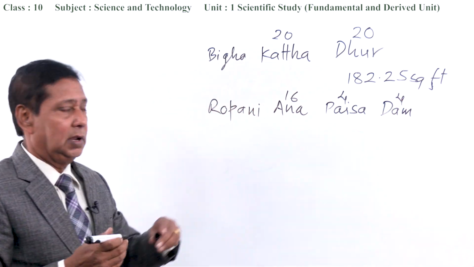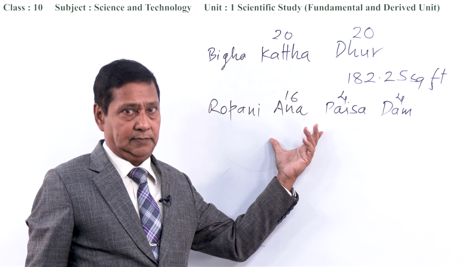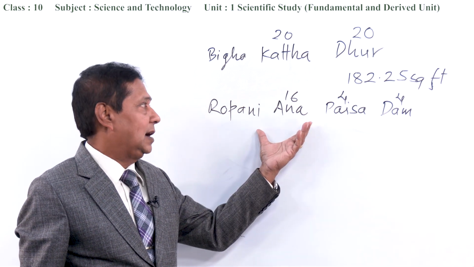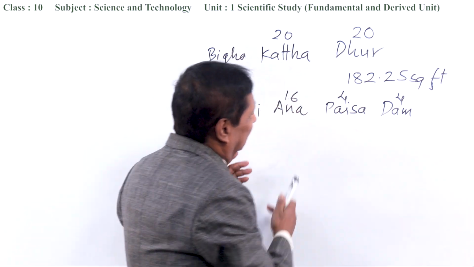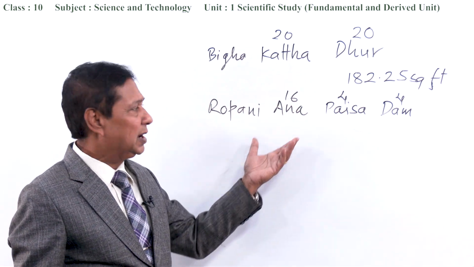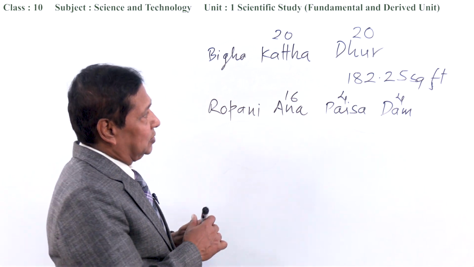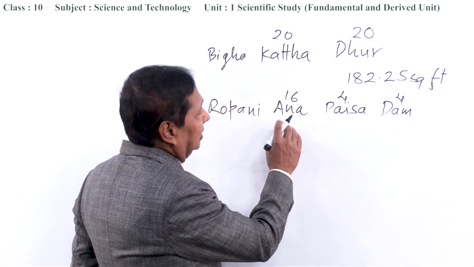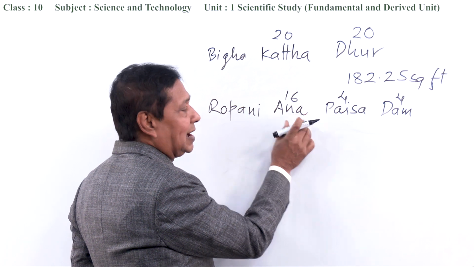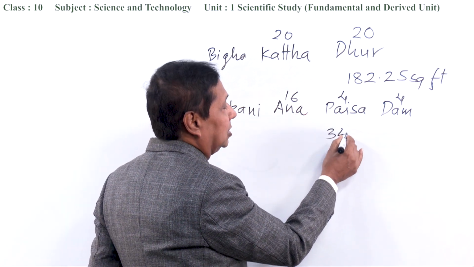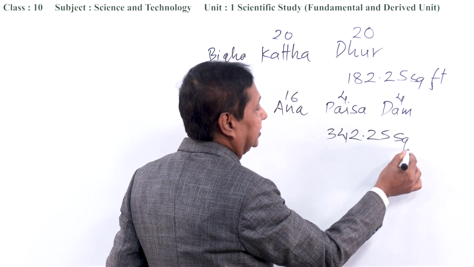This type of measurement is done in the mountain region, where the area of the field is less. This cannot be understood so clearly just by looking at it, but it will be better to have a little more idea about this. This 1 ana is equal to 342.25 square feet.